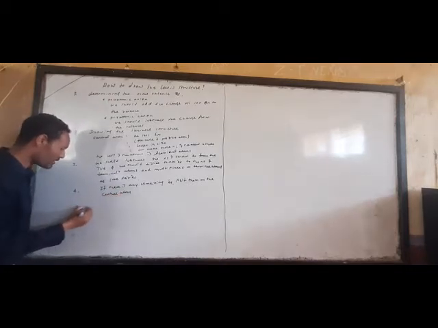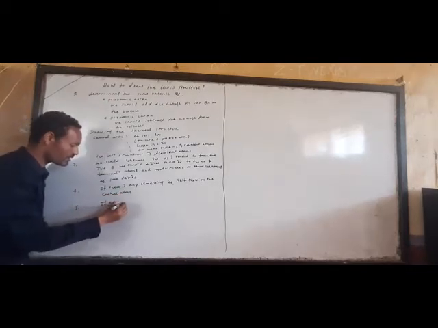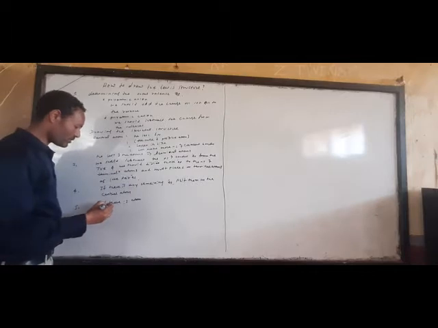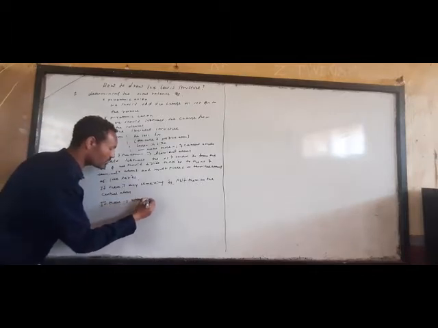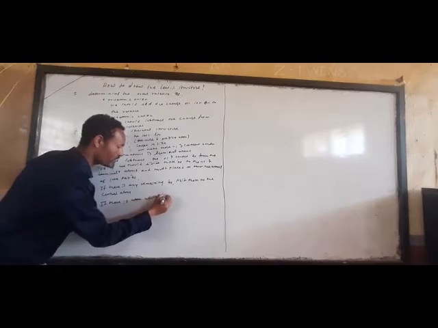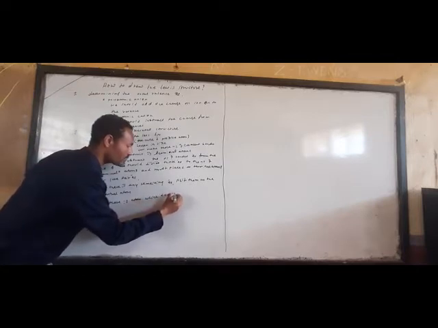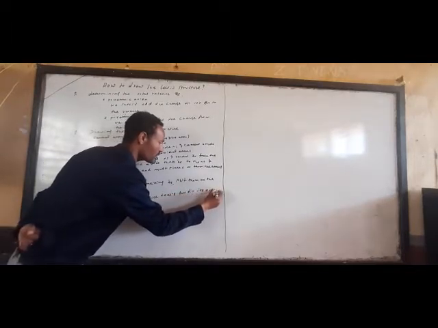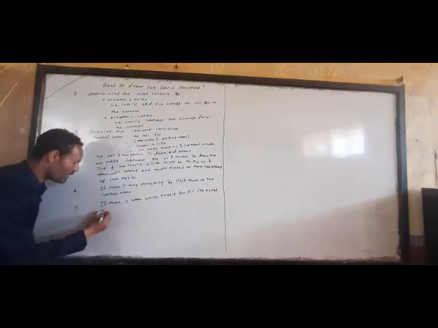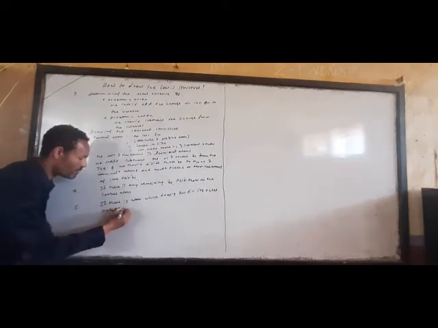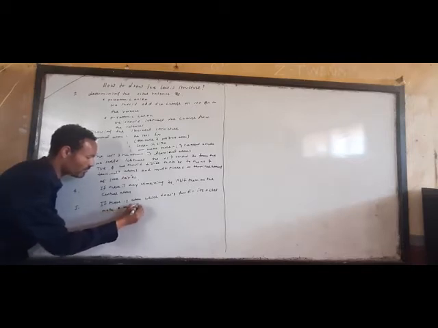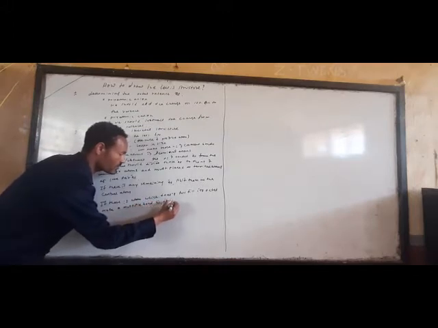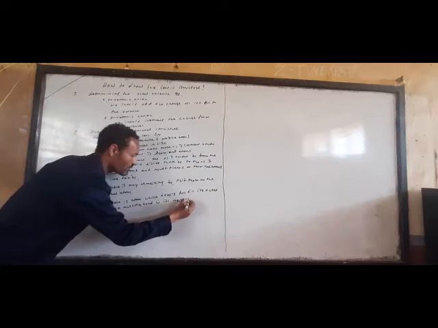And in the last step, if there is an atom in the molecule which doesn't obey the octet rule, if there is an atom which doesn't fulfill its octet, make a multiple bond with its neighboring atom.